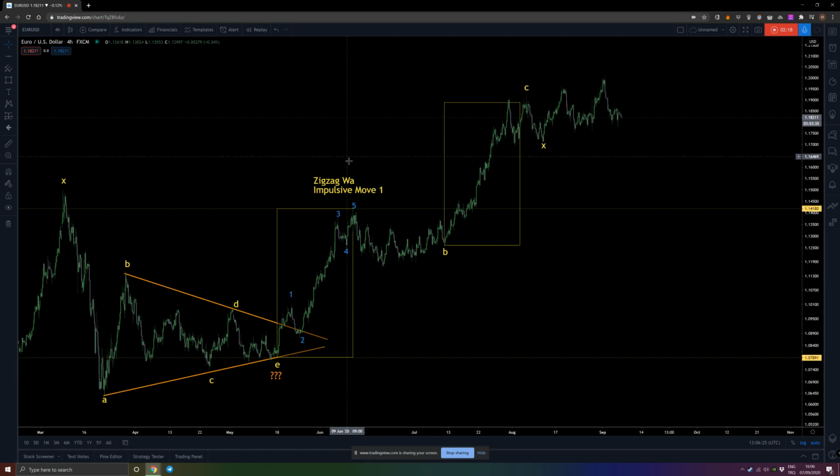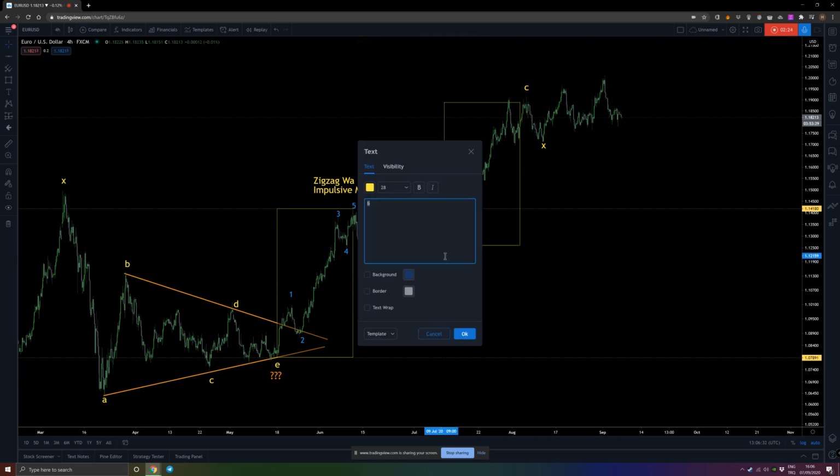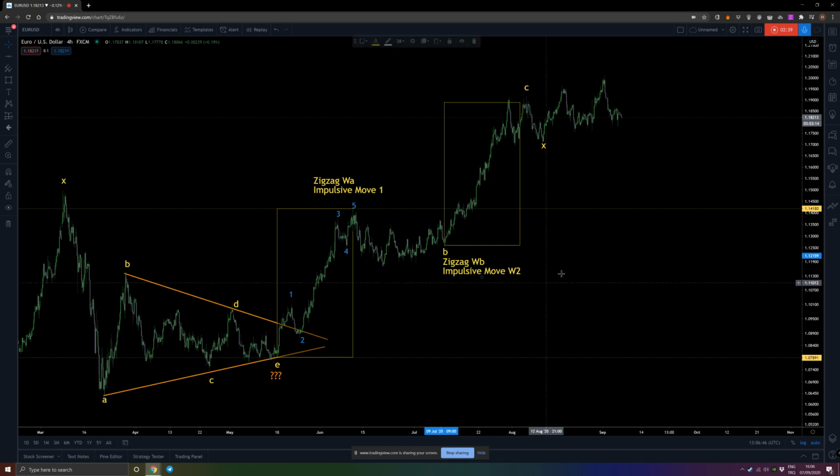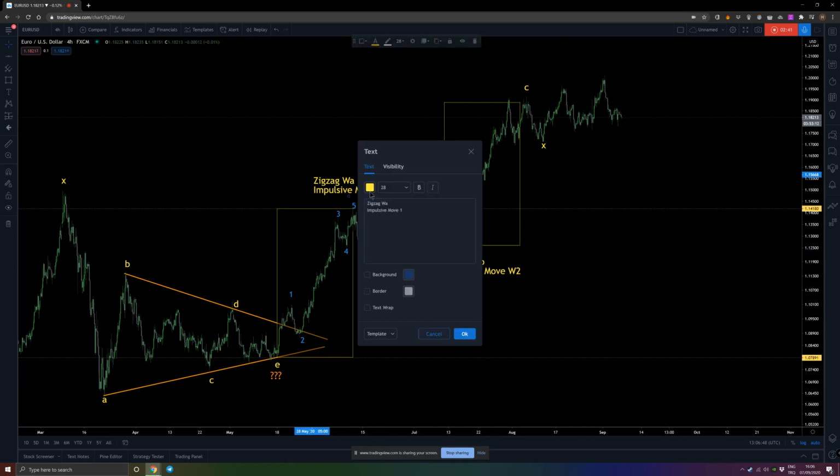Well, if this is an impulsive move, then what I'm saying is B can be like this: zigzag wave B or impulsive move wave 2. These are my options.